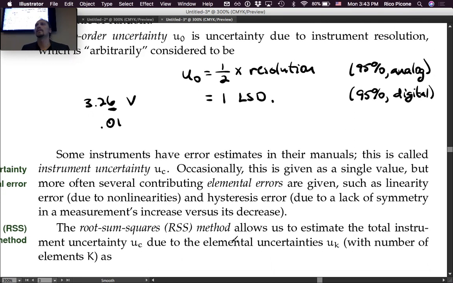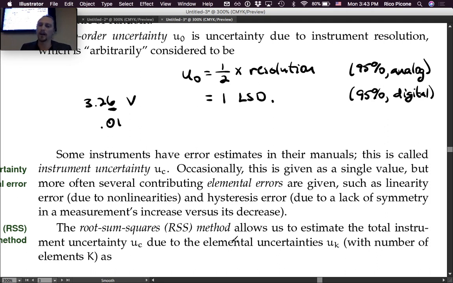Did you guys talk about hysteresis in your chemistry class or physics class? We'll hopefully talk about it more later, but hysteresis essentially is the lack of symmetry in how a device responds in one direction versus the other direction.